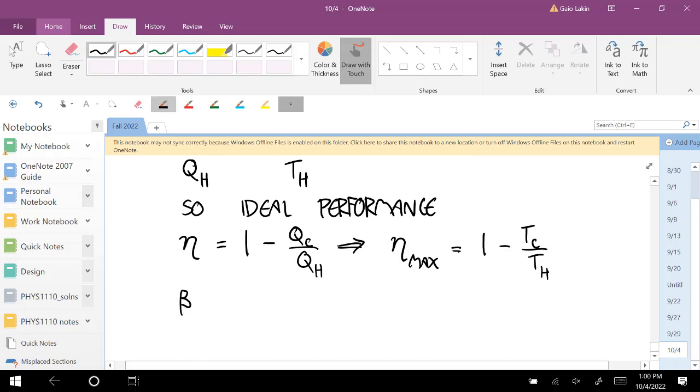For a refrigeration cycle, our definition was QC over the quantity QH minus QC. And that gives us that the maximum performance for a refrigeration cycle is the temperature of the cold divided by the quantity temperature at the hot minus temperature at the cold.